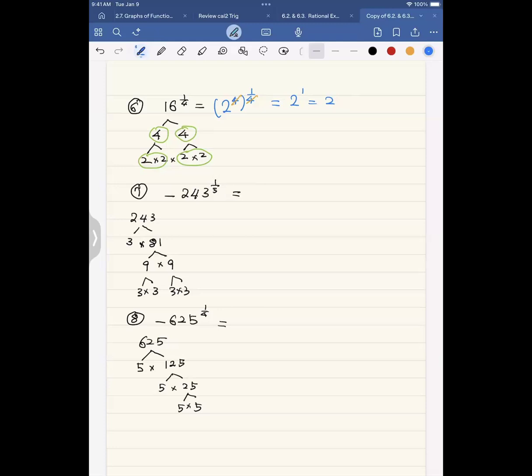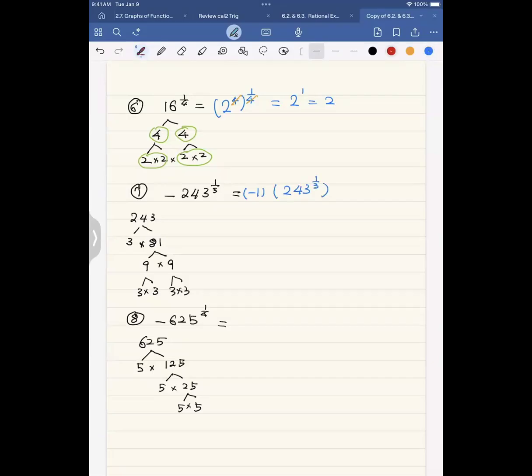Negative 243 to the 1/3 power. What you have to be careful about is this expression is the same as -1 times 243 to the 1/3 power.